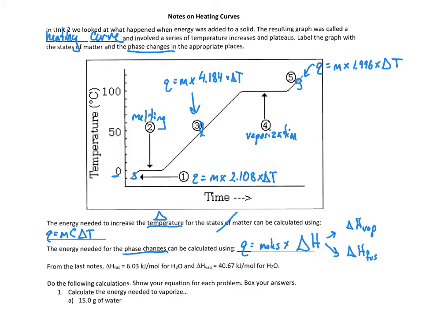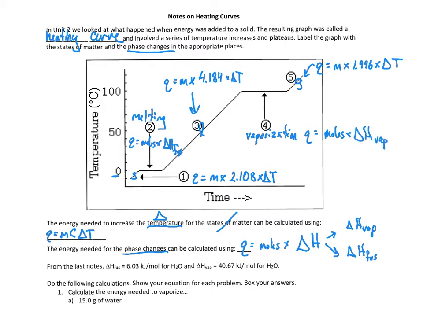So which one goes where? Well, melting is akin to fusion, so this would be Q equals moles times H fus. And vaporization, that obviously tells you that it is Q equals moles times H vap.